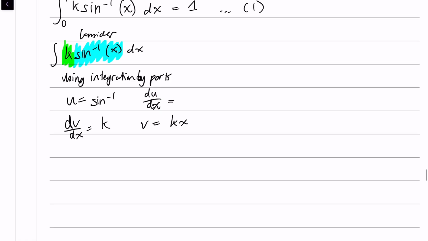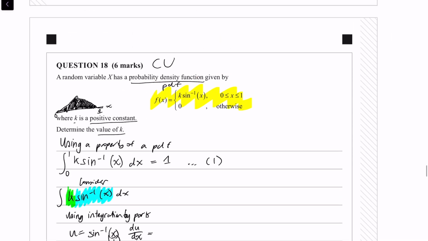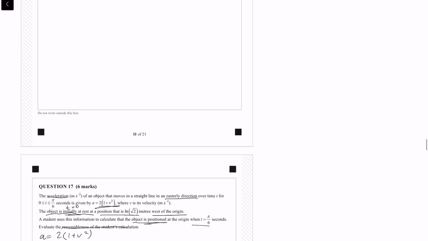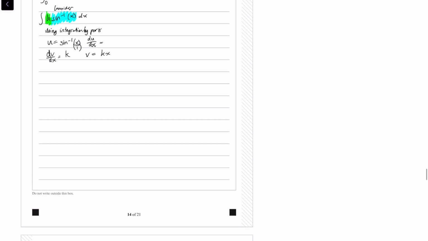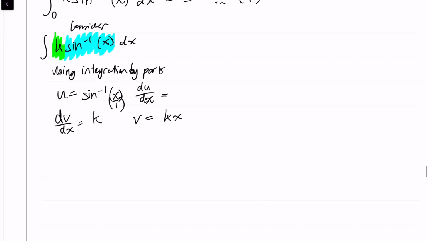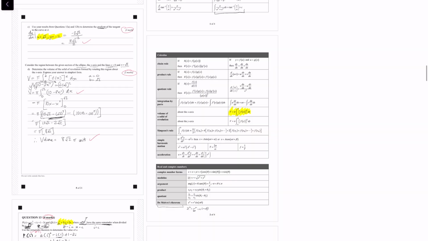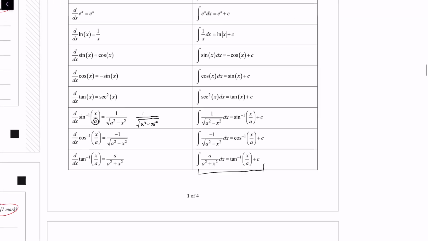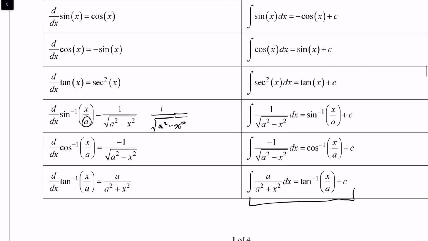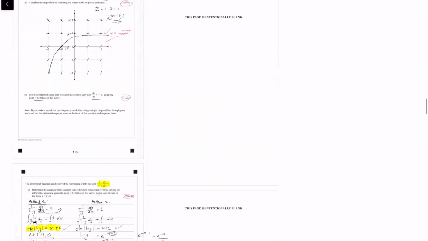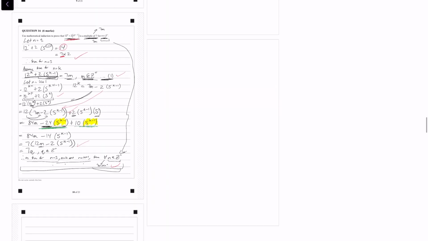So that would be x over 1 there. And then my x value, I don't have a coefficient there, so it's simply just going to be 1 there. So my du dx is 1 over the square root of 1, which is my a value, minus x squared there. Right, so that matches my formula sheet for calculus there. This one. Cool.